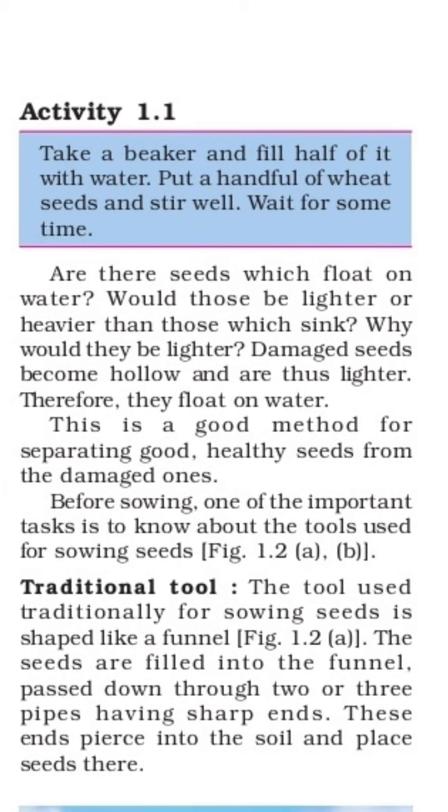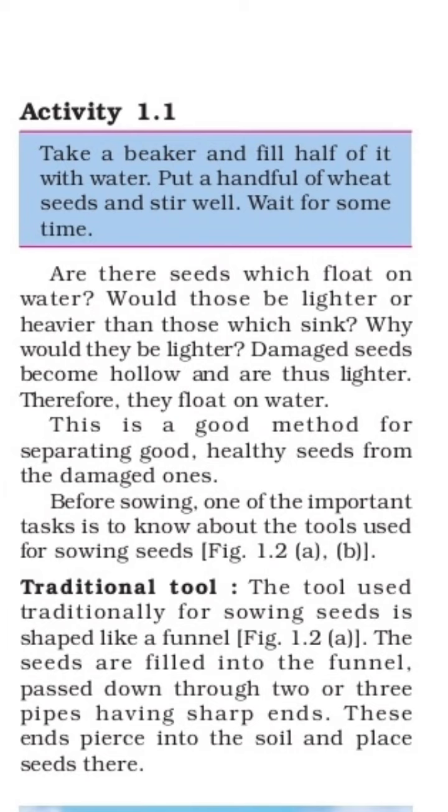The ones floating on the upper side are called damaged seeds, and those which sink in the water are called healthy seeds. In this way, farmers separate the good or healthy seeds. This is a good method for separating good and healthy seeds from the damaged ones.